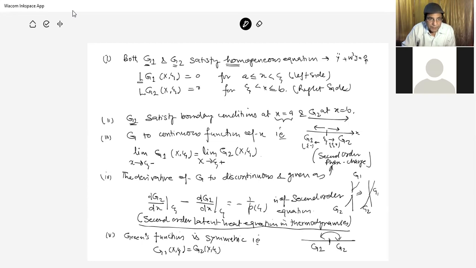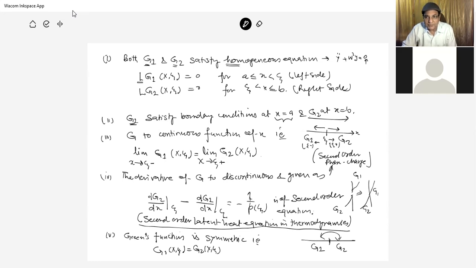The fourth is that the derivative of G is discontinuous and is given as dG2/dx at xi plus minus dG1/dx at xi minus is equal to minus 1 by P of xi, for a second order differential equation.